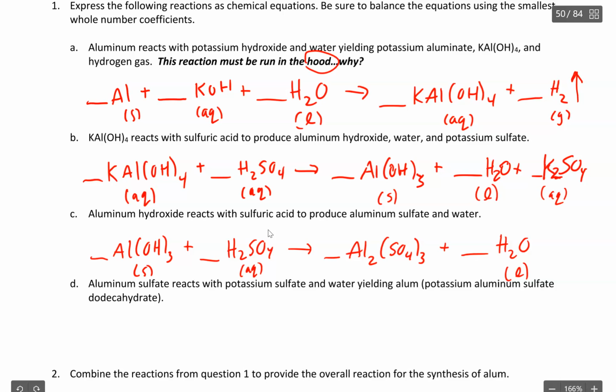As this occurs and you're heating and stirring and you're continuing to get the white aluminum hydroxide to react with the sulfuric acid that's in solution, it should go completely clear again.